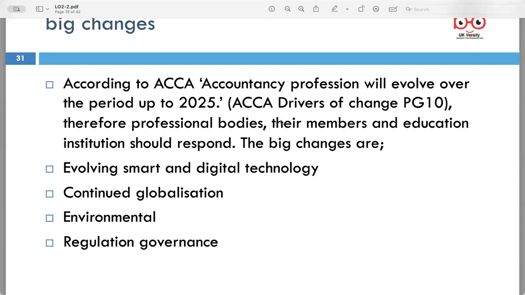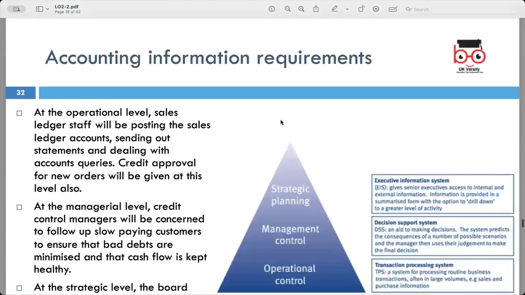Continued globalization is underway regarding the environment. It is the control of regulation. Accounting information requirements.